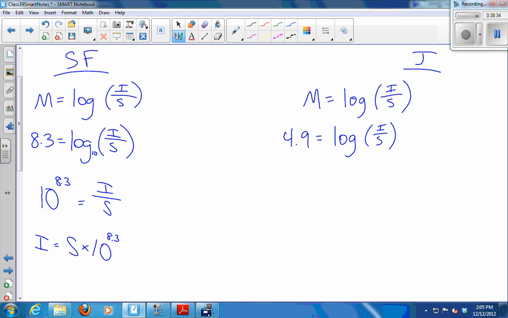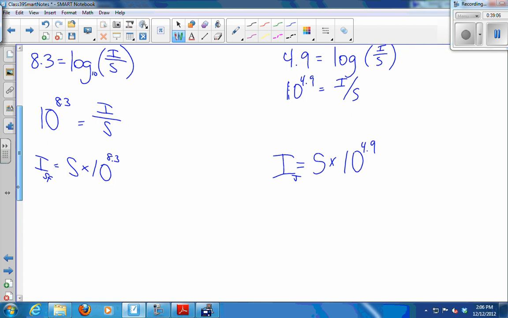What do you get? You can just tell me. 10 to the 4.9 equals I over S, and then multiply both sides by S, and you get S times 10 to the 4.9. Okay, so this is the intensity of my San Francisco earthquake, and this is the intensity of the Japan earthquake.